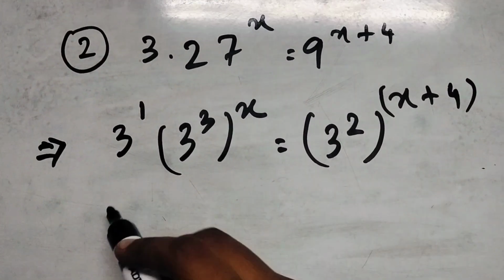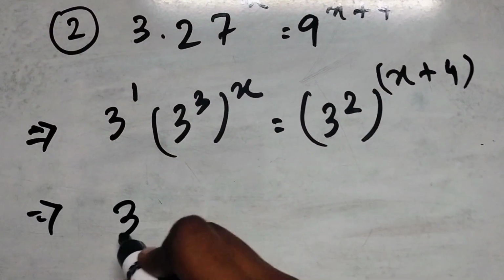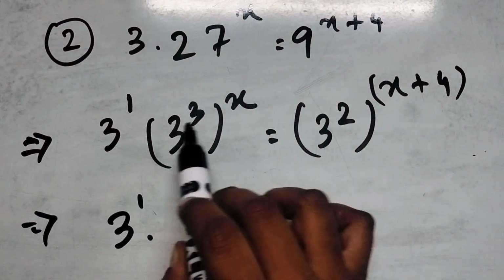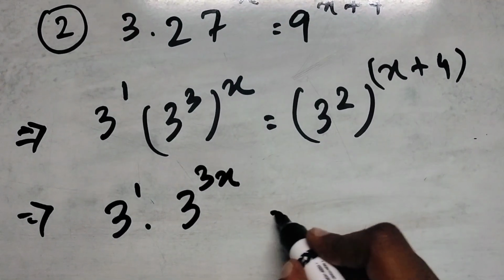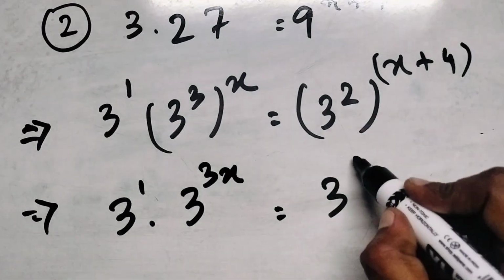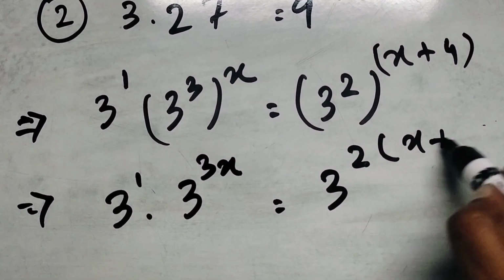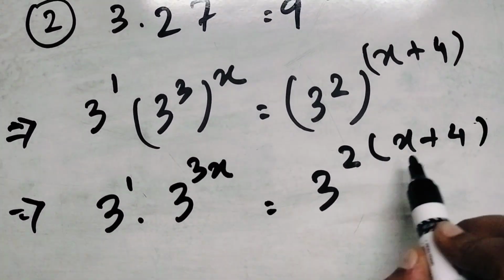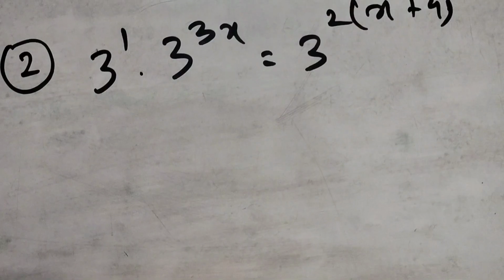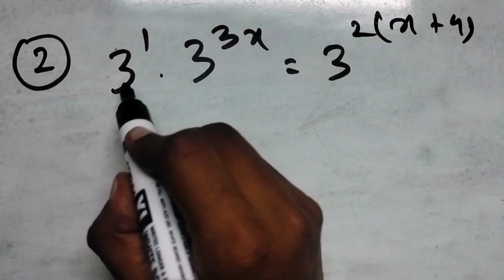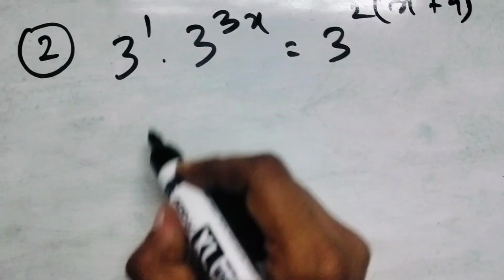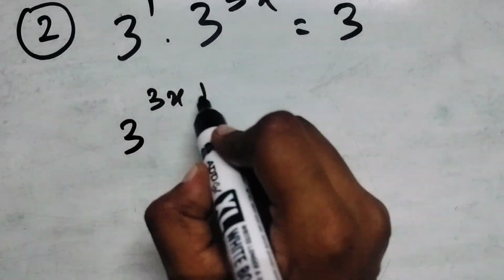Let's now go ahead. This can be written as 3 power 1, 3 and x, and the powers will be multiplied making it 3x, and over here it's going to be 3 to the 2x plus 8, that is you're multiplying 2 with x and 4 both. Coming back, because the base is the same and the powers are different, we make it 3 to the power 3x plus 1.